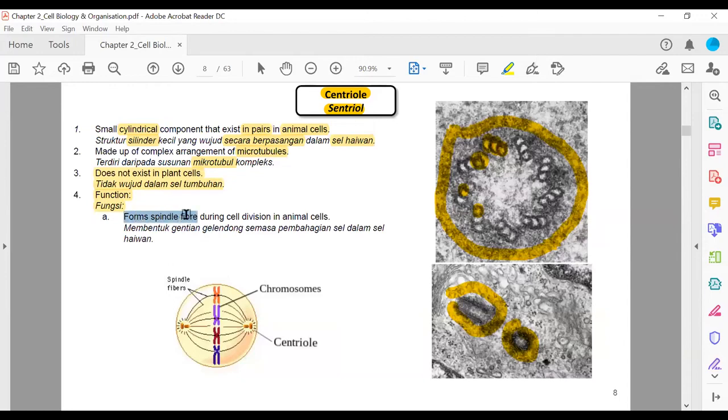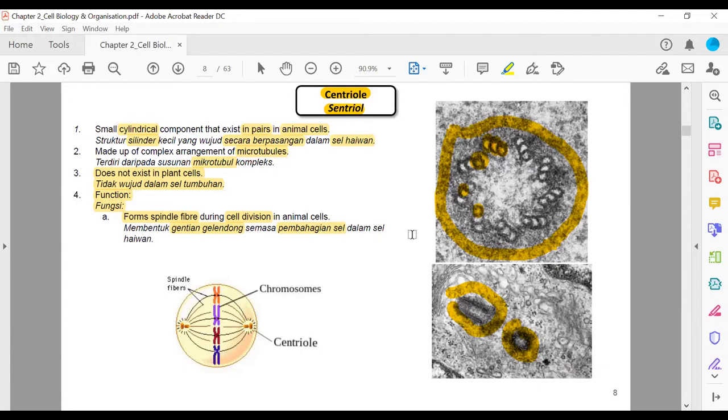Forms spindle fiber during cell division in animal cell. Membentuk gentian gelendong semasa pembahagian sel dalam sel haiwan. So fungsinya ialah membentuk spindle fiber semasa cell division.